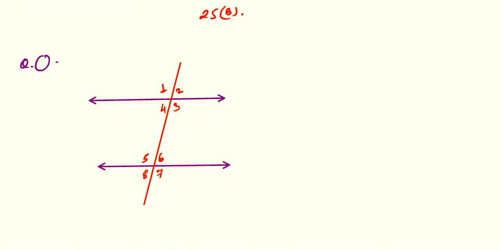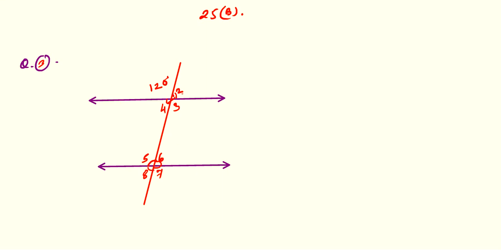Question number 3 and question number 4, these two are same. I am solving question number 3. Question number 4 you have to solve. In question number 3, only angle 1 is given to us, which is 120 degree. Then angle 2, angle 3, angle 4, angle 5, angle 6, angle 7, angle 8 that we have to find.